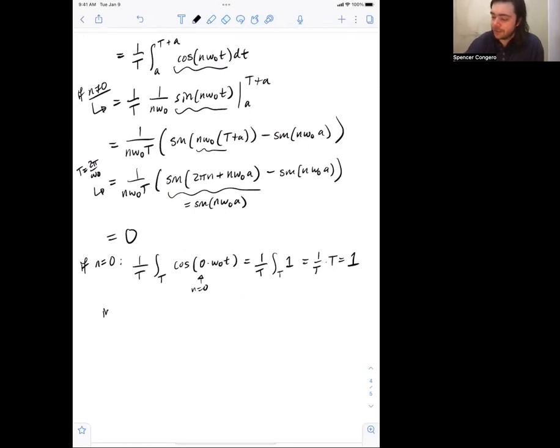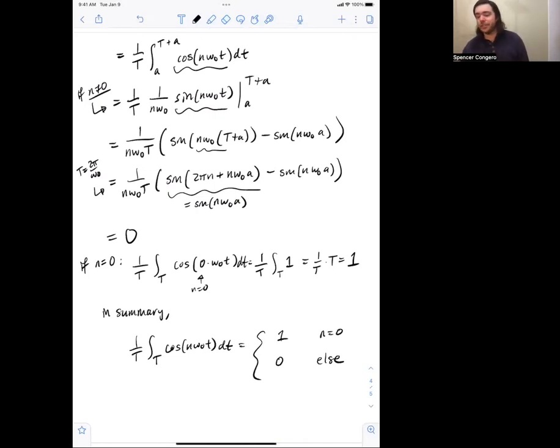So in summary, 1 over T, the integral over a period of cosine n omega naught t dt, equals one of two things. It equals 1 if n is 0, and it equals 0 otherwise.